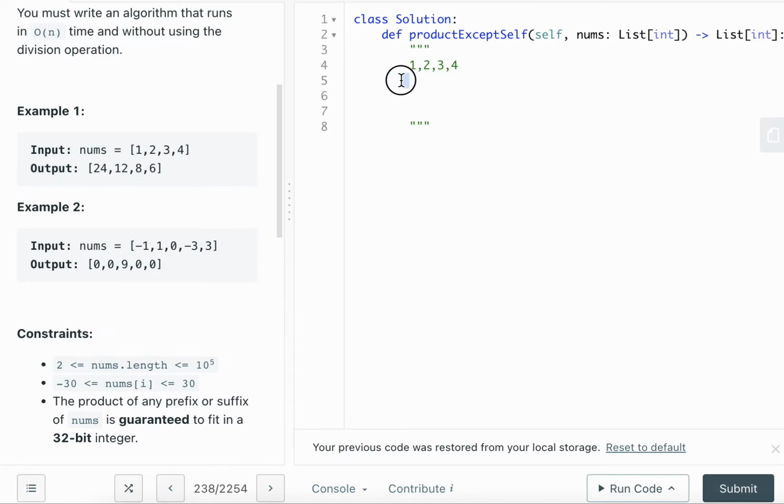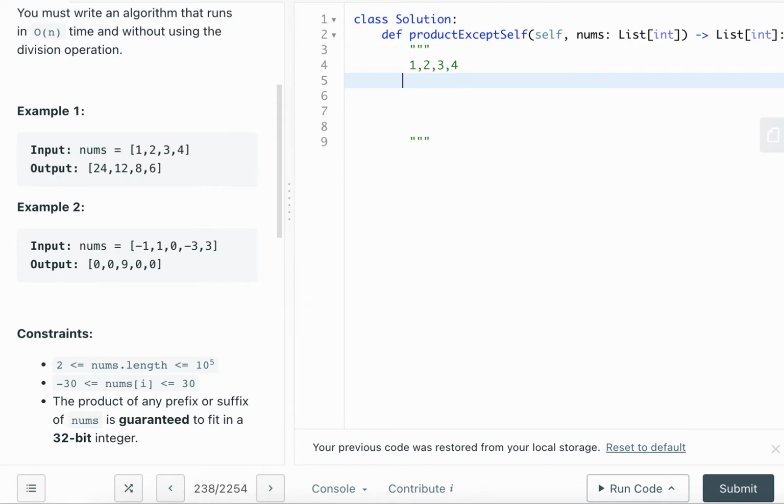You multiply the product of the numbers on the left and the product of the numbers on the right, and that's the answer we're looking for here. So why don't we just calculate the left side product array and also calculate the right side of the array, and that way we can multiply them together to find the answer, right?